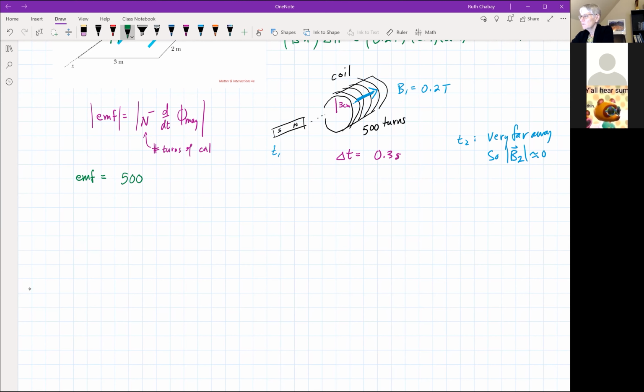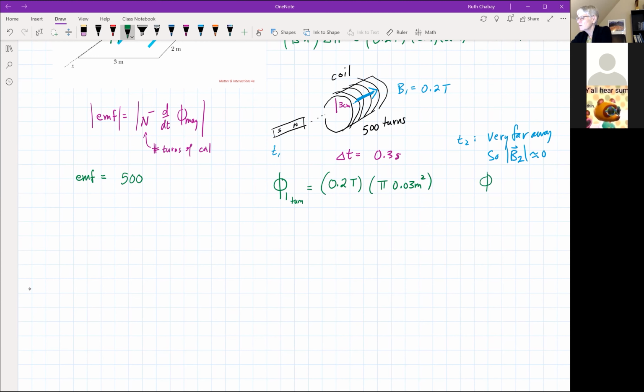Well, let's calculate the magnetic flux at time T1. So the flux in one turn is going to be approximately the magnetic field, which is 0.2 Tesla, times the area inside the coil, which is just pi times 0.03 meters squared.